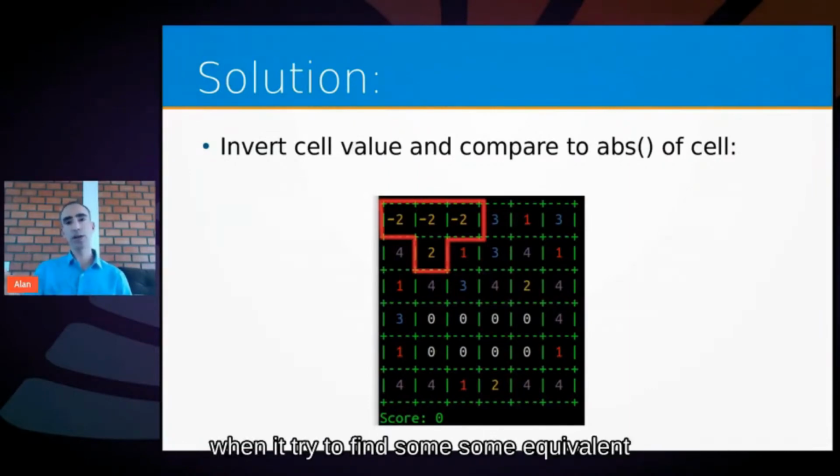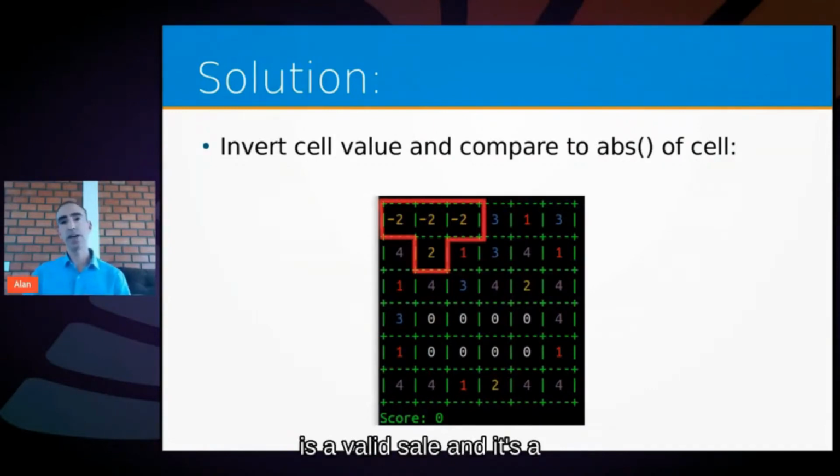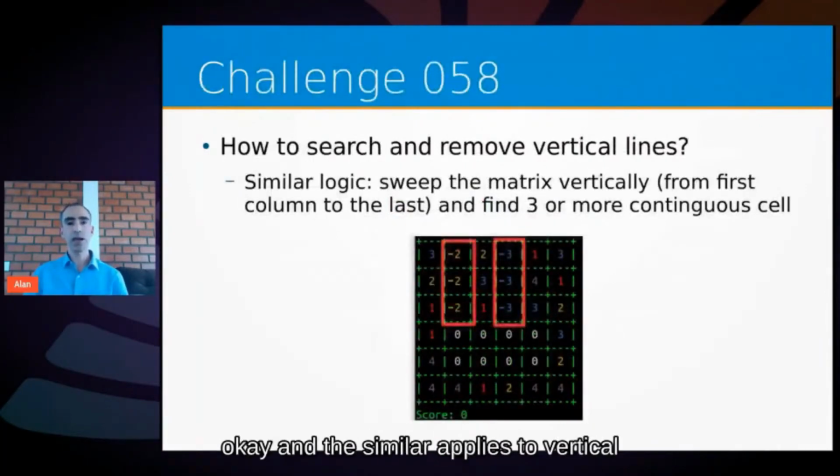When it tries to find some equivalent cells, it will realize that negative 2 is a valid cell and a congruent cell, and we will remove it. And the same applies to vertical lines. I did the same for the vertical lines. When I found vertical lines, I inverted the sign.